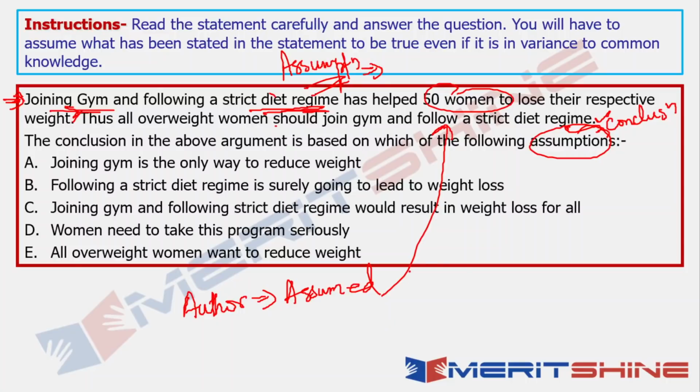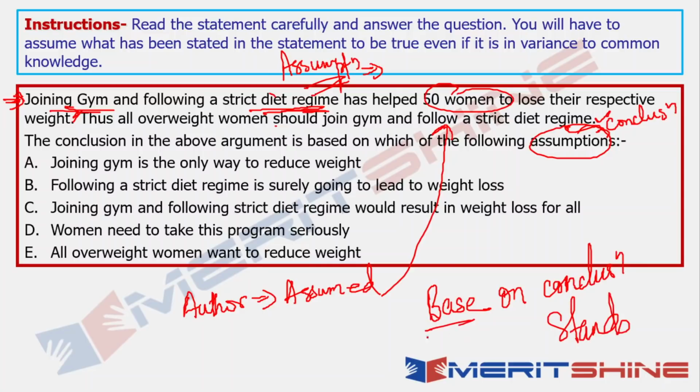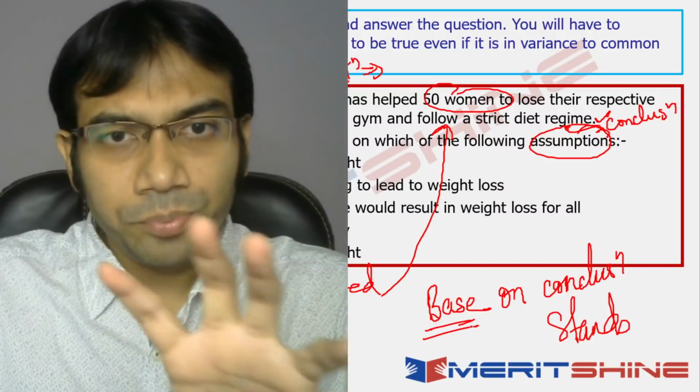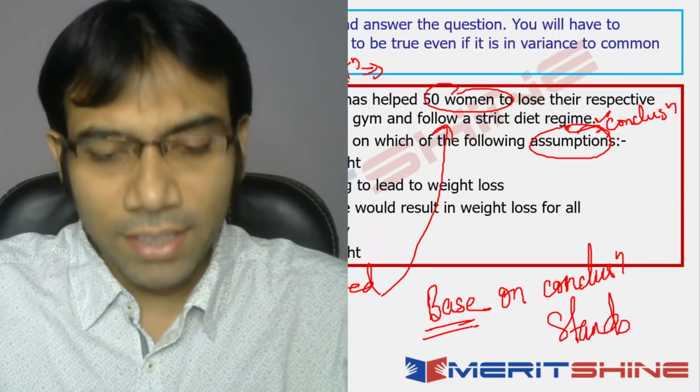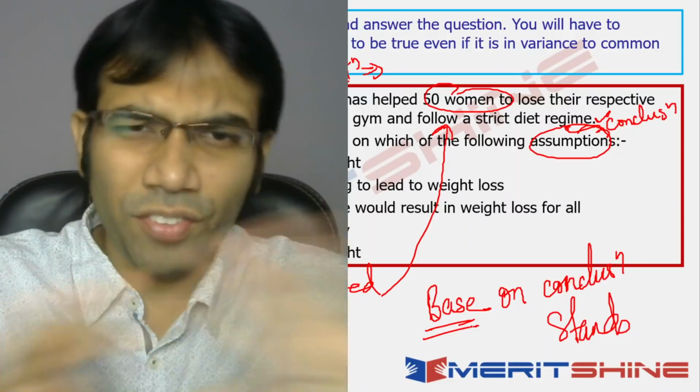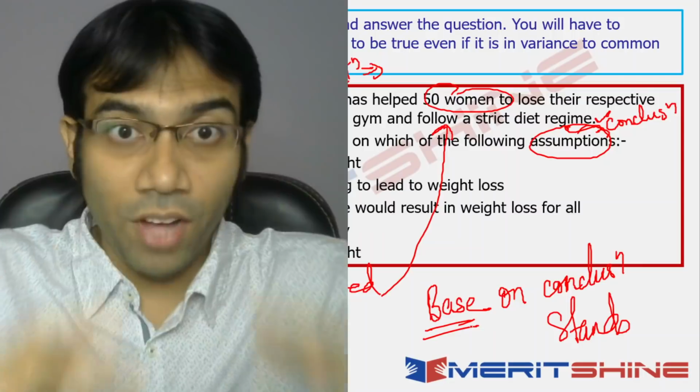So basically, assumption is the base on which the conclusion of the author stands. What would happen if I topple the base of anything, the base of a building, the base of a house of cards?